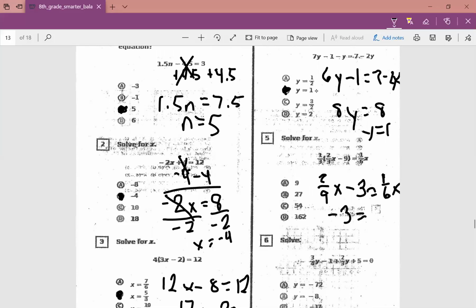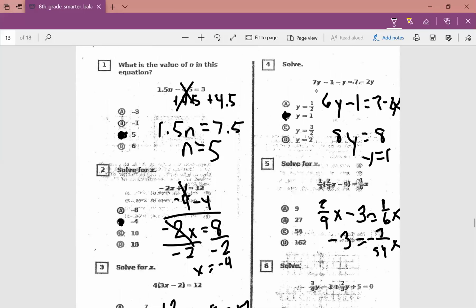Let's see. And then I'm going to have 1/6 minus 2/9. This is going to be negative 3 over 54 x. Divide both sides. x equals 54.